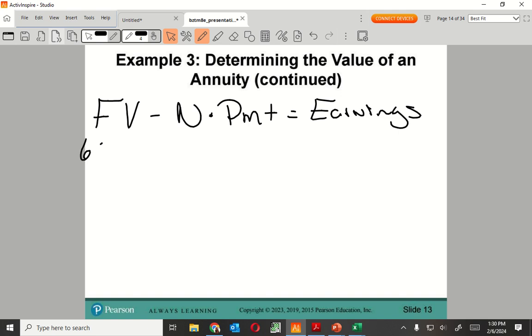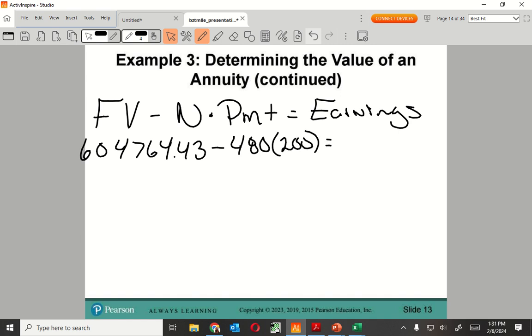So it was 604,764.43 minus n, which was 480, times my payment, which was 200, and that gives me an earnings of 508,764.43.